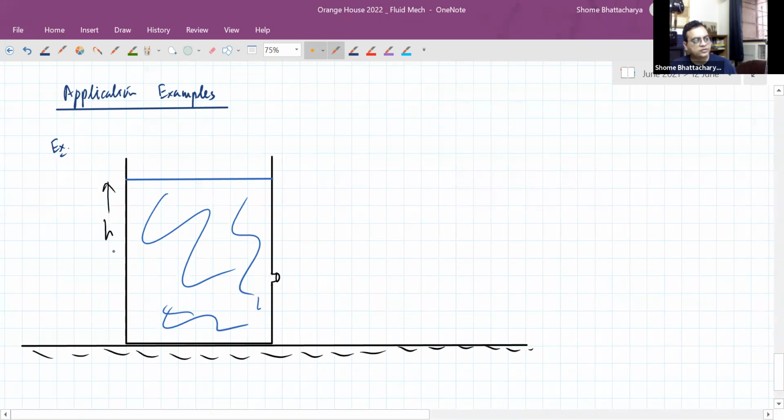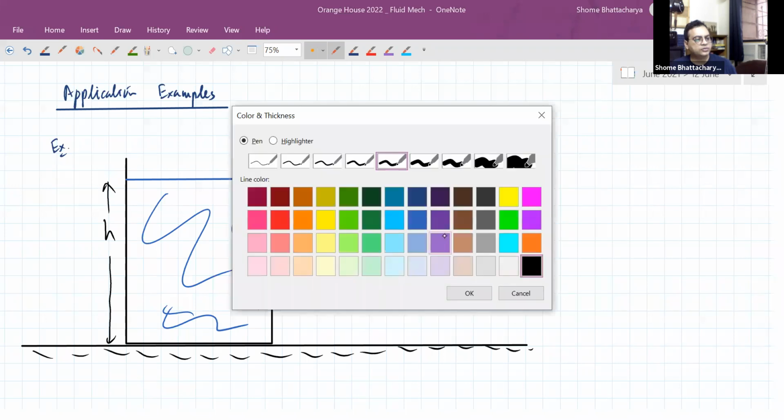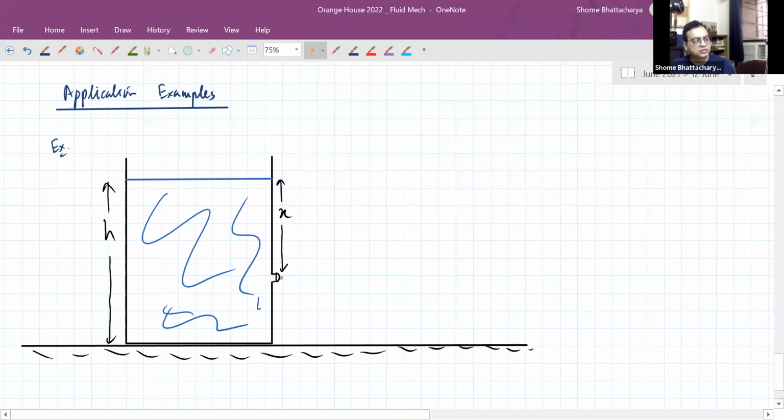So if the height of the liquid column is h initially, but the orifice is made at a depth of x, then the liquid coming out from here comes out horizontally with a speed equal to the efflux speed. But from there, it will not continue horizontally, but rather will be in a projectile motion kind of situation.